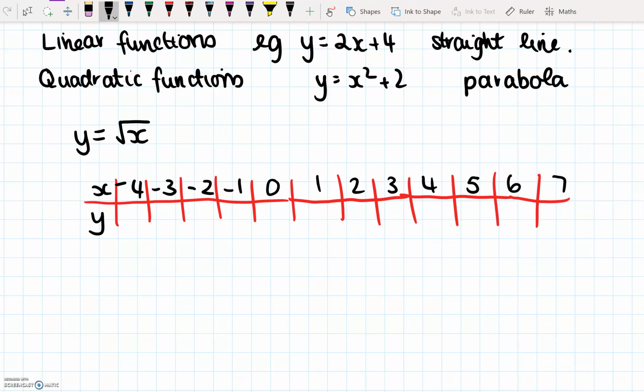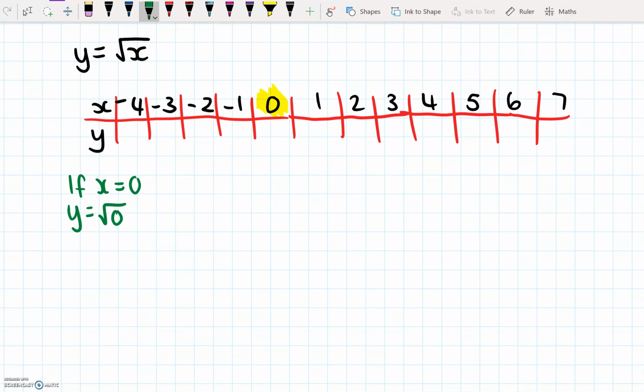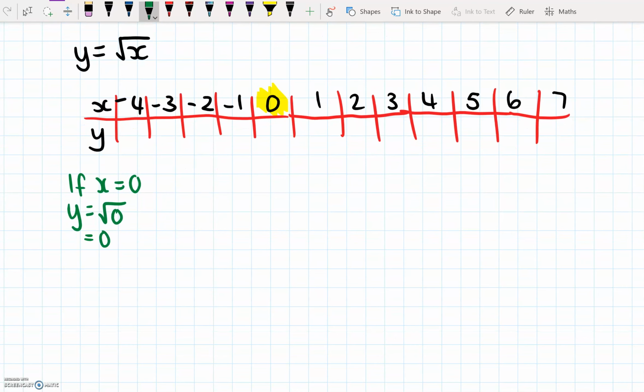Now, we know that when we use an xy table, we just substitute the numbers in. So for example, if x equals 0, we're going to substitute that in. If x equals 0, y equals the square root of 0, and if you do that on your calculator, you're going to get 0.